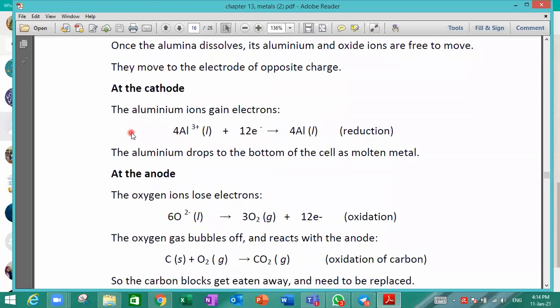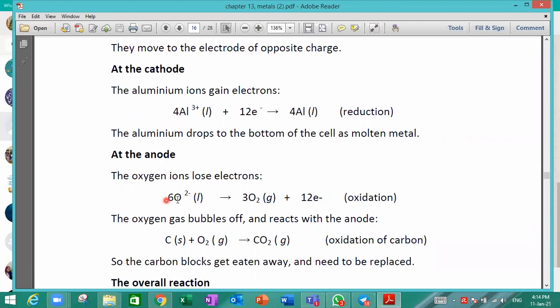So these are the reactions that are taking place at the anode. 6 oxide ions would give 3 oxygen molecules plus 12 electrons. And at the cathode, aluminium ions would react with electrons to form the aluminium metal.